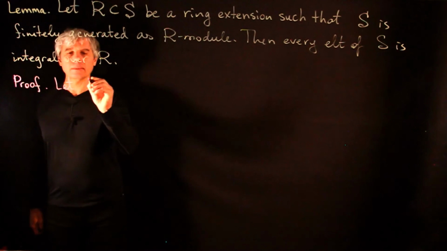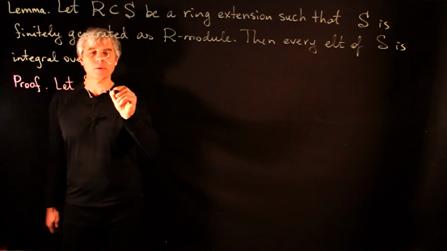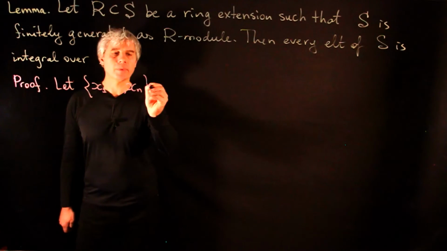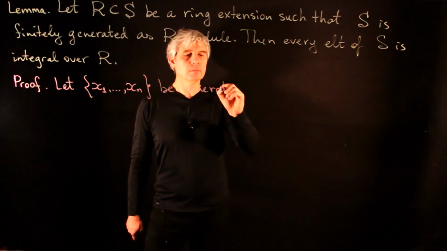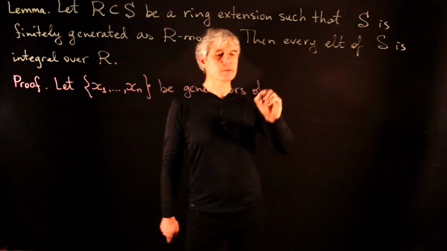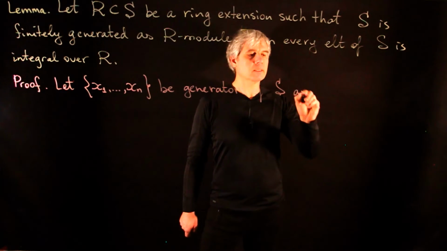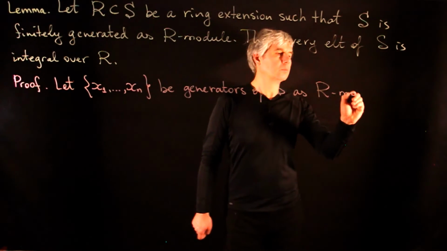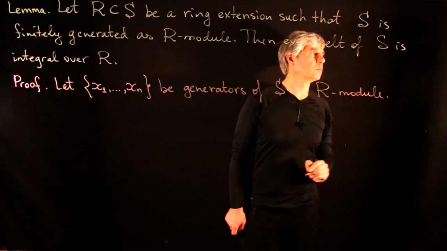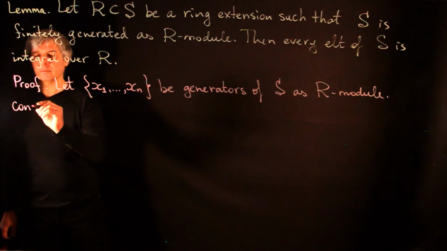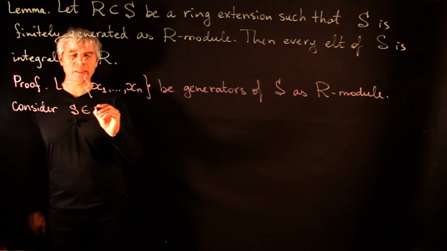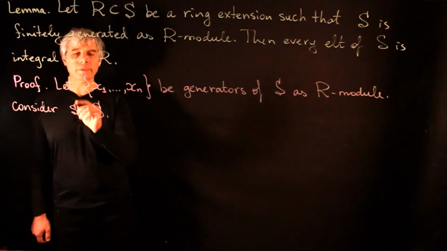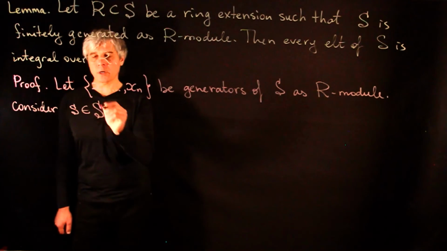Let x1 through xn be generators of S as an R module, and consider an arbitrary element little s in S. We need to show that this element is integral over R.